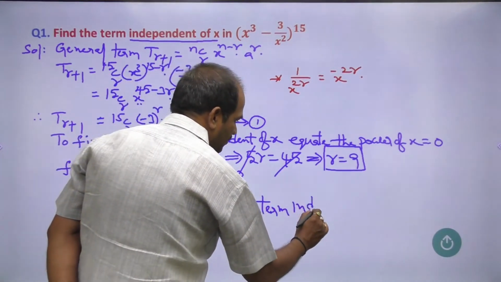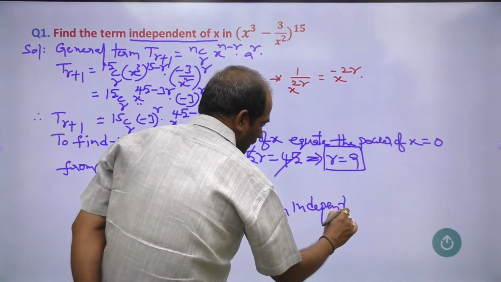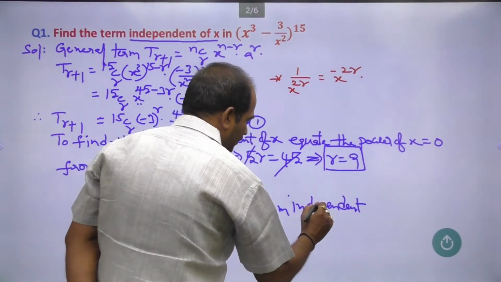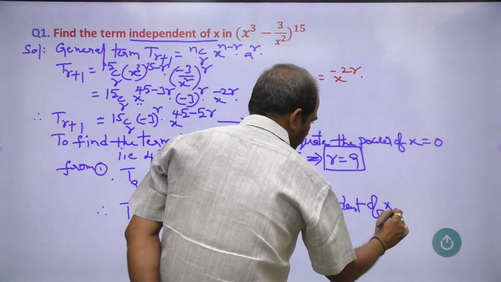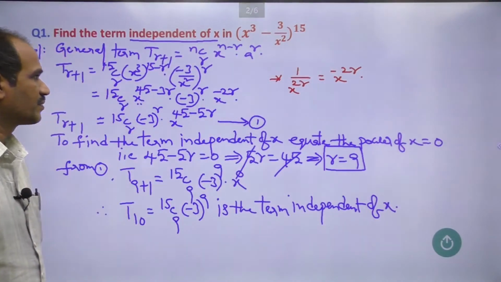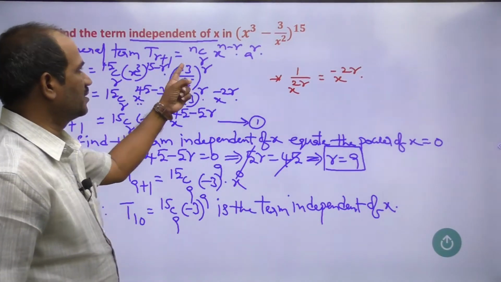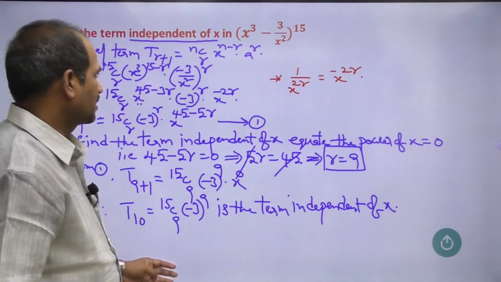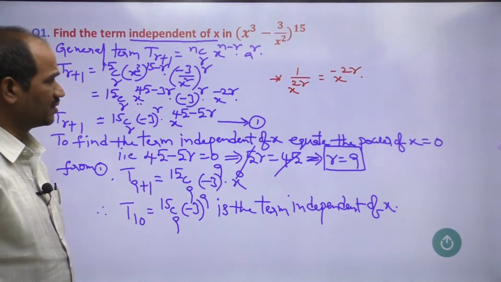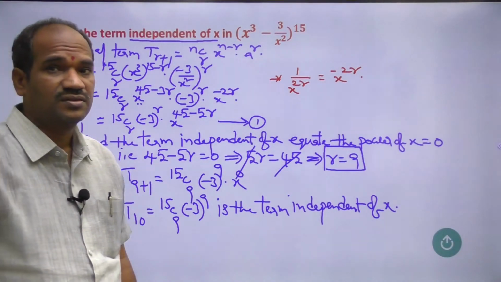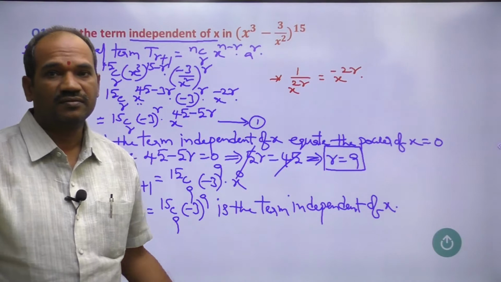This is the 5 marks question. All problems follow the same procedure: first write the general term, then replace these values. Write this question.